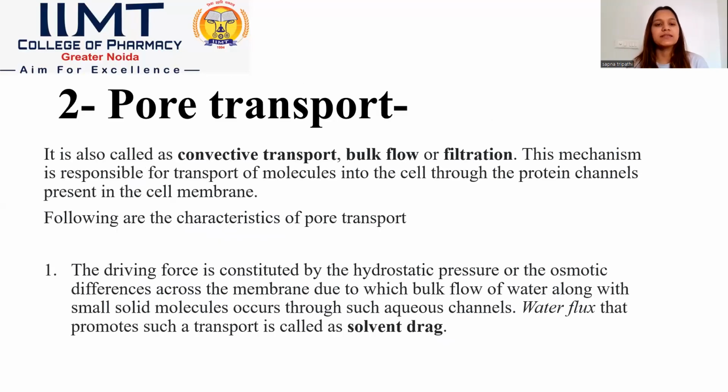The second mechanism is pore transport. It is also called convective transport, bulk flow transport, or filtration transport. This mechanism is responsible for transport of molecules into the cell through the protein channels present in the cell membrane. There are some characteristics of pore transport.